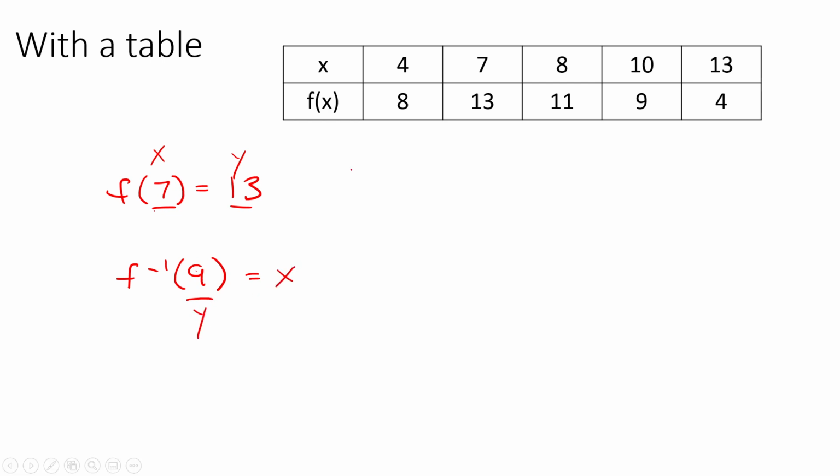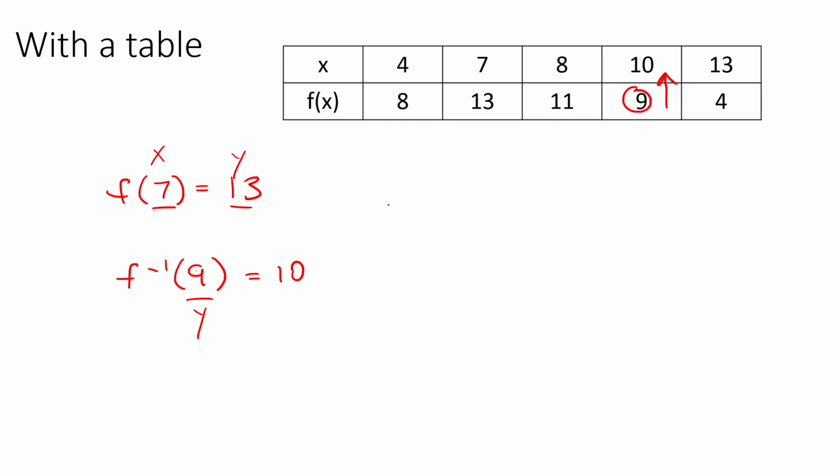Kind of like before when we plugged in a time and got a price versus when we plugged in a price and got a time. So I would go to my table, and instead of plugging in an x coordinate and looking up a y, I go backwards, and so the answer would be 10 in this case.